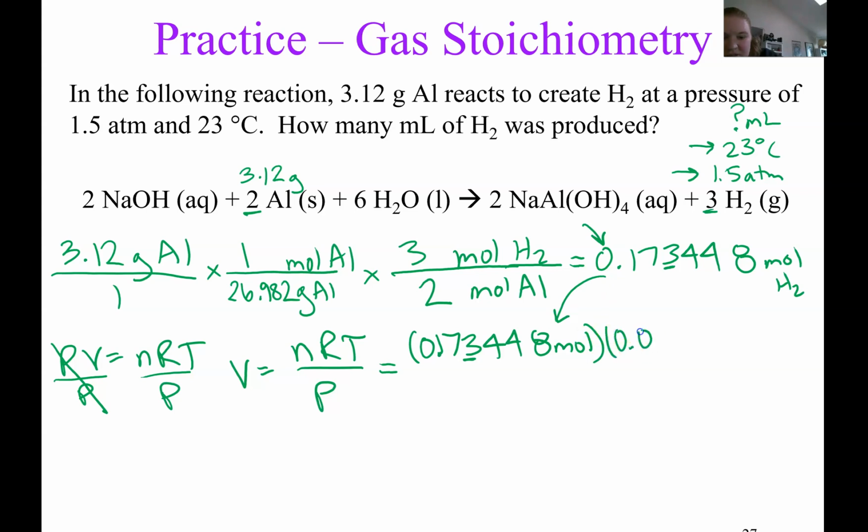R is our constant. Oh gosh. Let's try that again. And temperature, I do need to convert my temperature over to Kelvin.